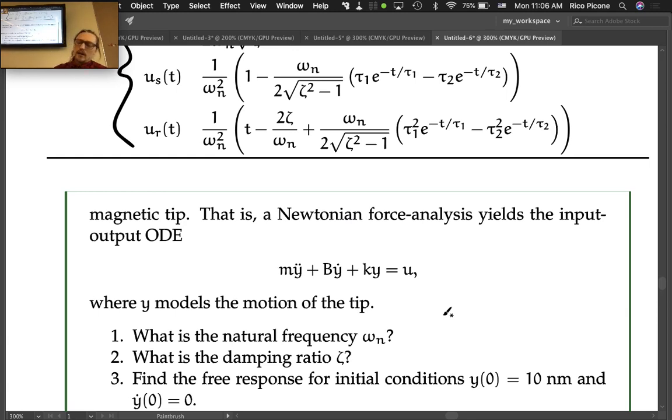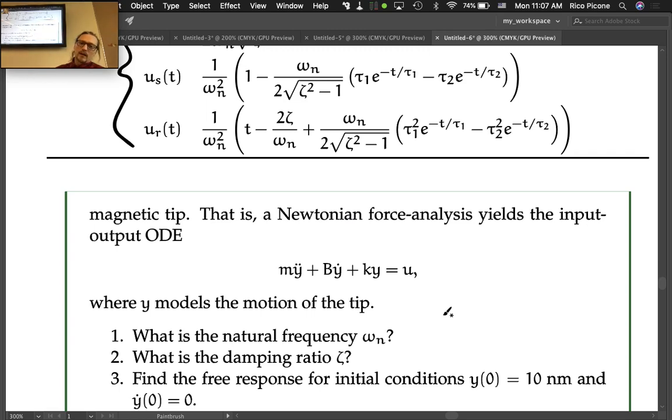You could do our linear graph modeling technique on a spring mass damper system with a force applied directly to the mass, and you would get the same input-output differential equation. You could also just sum the forces, which is another way. It's a little bit quicker in some cases, like a simple system like this. Summing the forces gets you to this result pretty quickly.